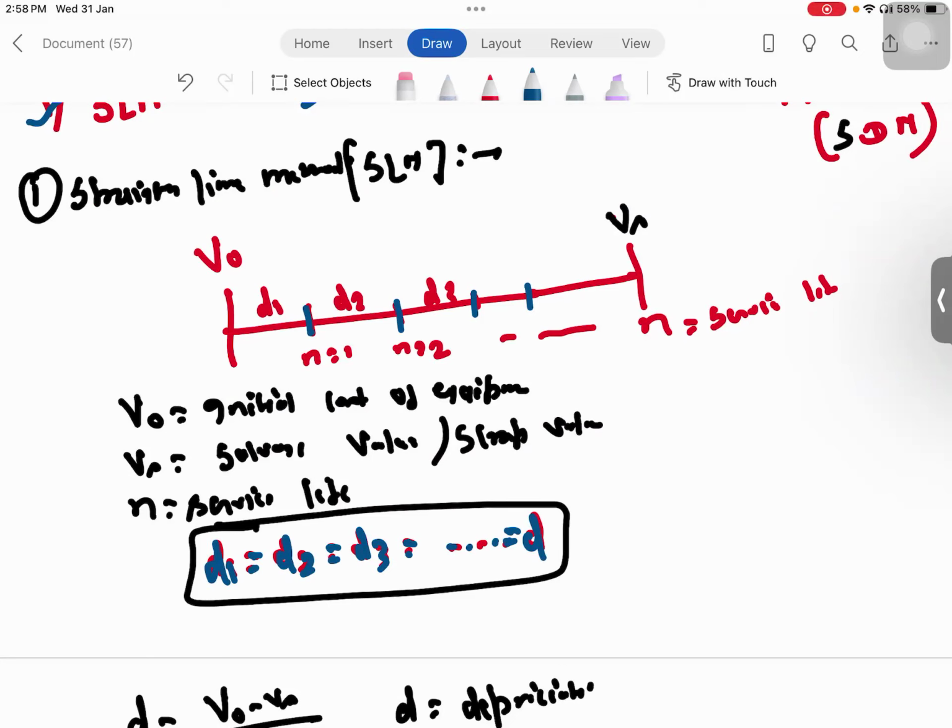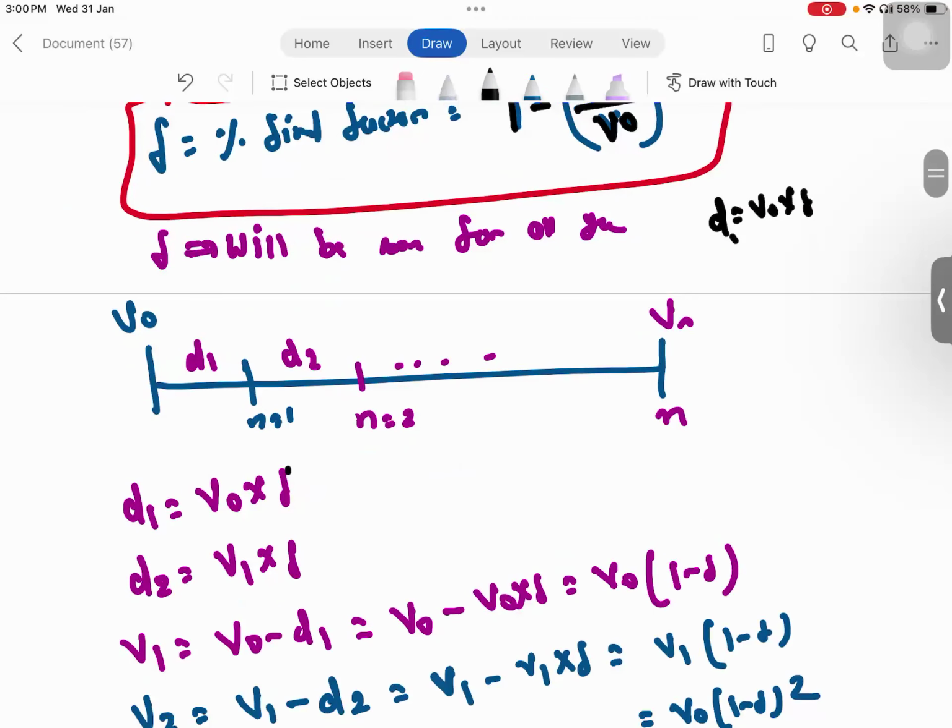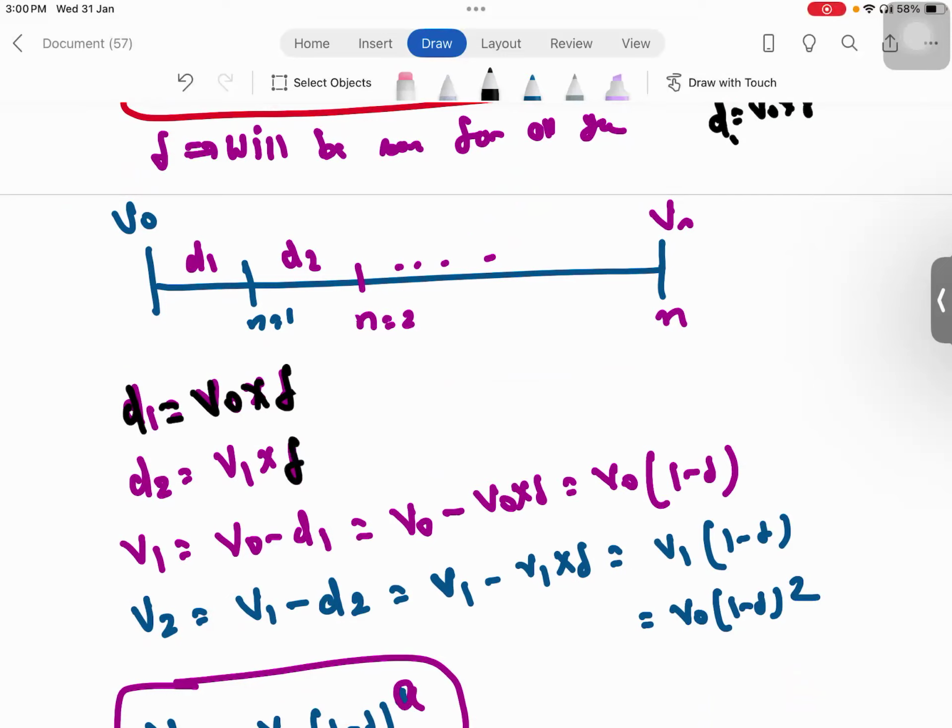So here you can calculate that. If you want to calculate depreciation, D1 equals V naught multiplied by F, where we have calculated the value of F, that is 1 minus (Vs by V naught) to the power 1 by N. So depreciation in the first year can be written as V naught into F. Again, if you want to calculate D2, D2 can be written as V1 multiplied by F. Again, V1 can be written as V naught minus D1, that is V naught minus V naught multiplied by F. So you will get V naught into (1 minus F) here.